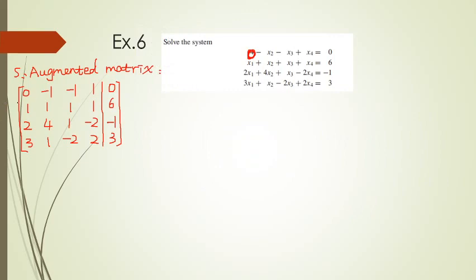Why do we change row 1 and row 2? Because this coefficient A11 for x1 is 1, right? We like the pivot to be 1. Then we don't need to multiply by a fraction usually.